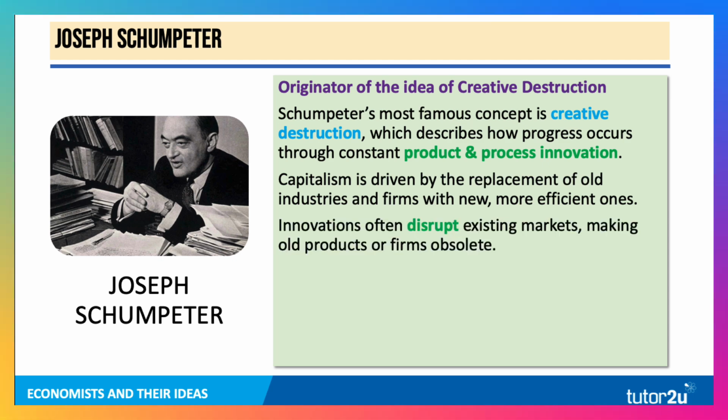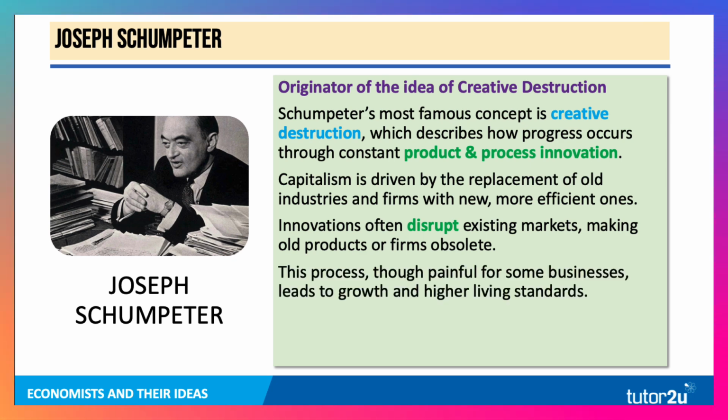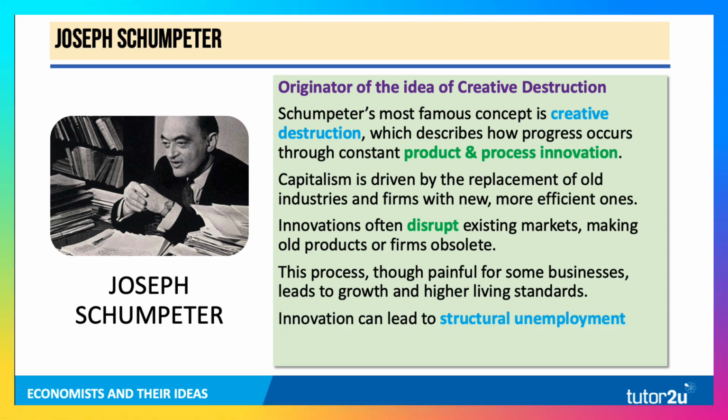Innovation is an iterative process. Often it's a disruptive process. You're disrupting existing markets, perhaps making older products and businesses and their models obsolete. And this process, creative destruction, is painful for some businesses, but Schumpeter argued led to growth and higher living standards. But it can lead to structural unemployment.